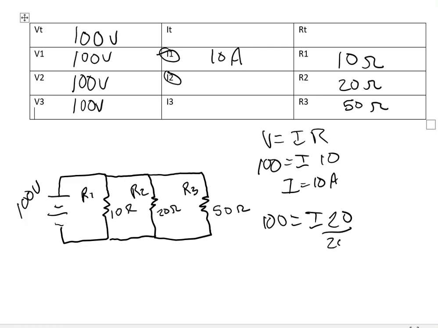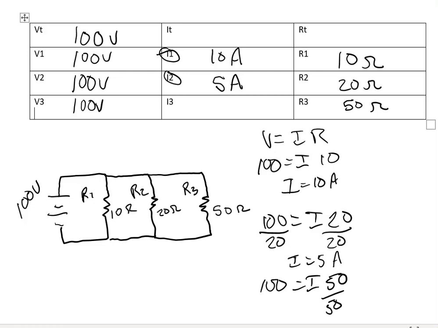Divide both sides by 20. I equals 5 amps. In the last one, it's 100 equals I times 50. Divide both sides by 50. 100 divided by 50 gives me 2. So I have 2 amps here.